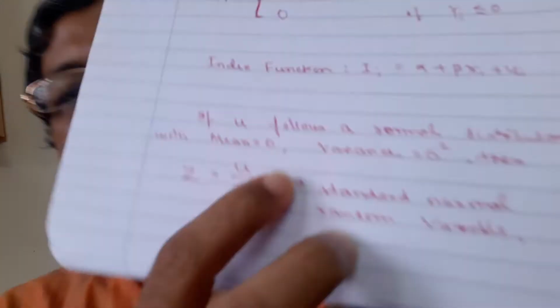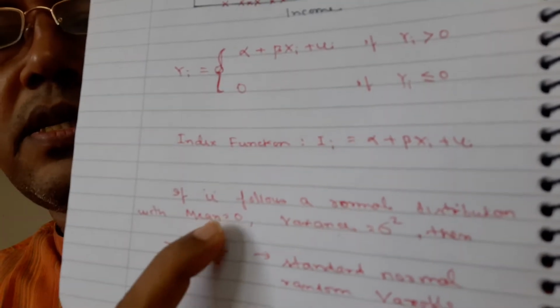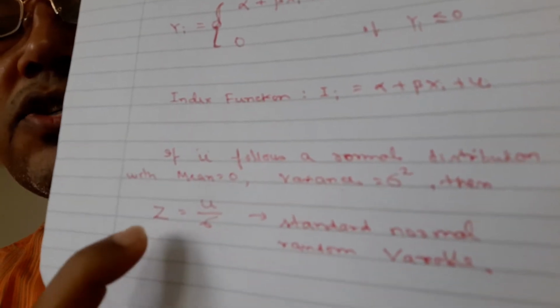Now if we assume that u, the stochastic error term here, follows a normal distribution with mean 0 and variance sigma square, then we can construct a variable z, which is u over sigma, which will be a standard normal random variable.